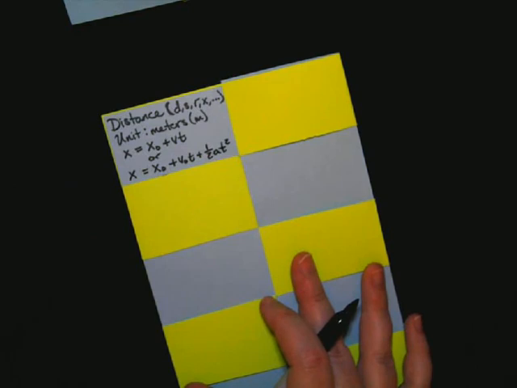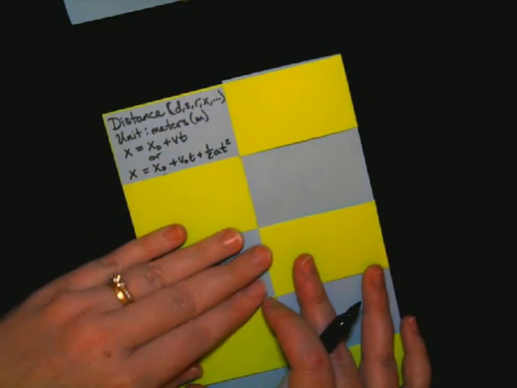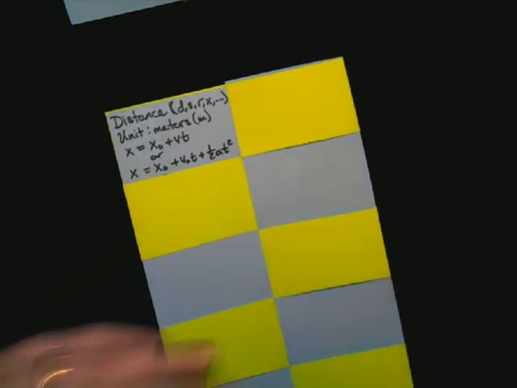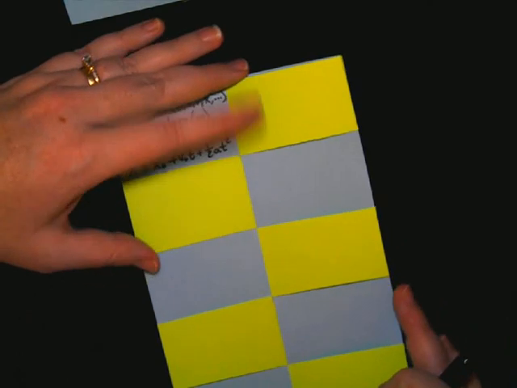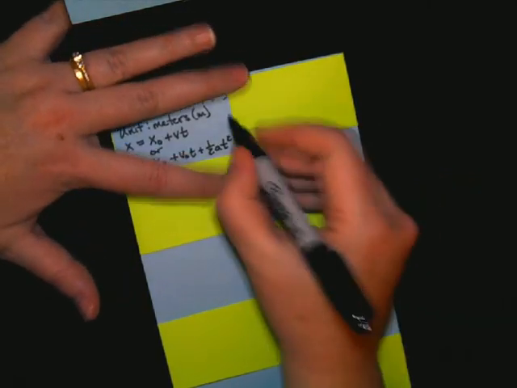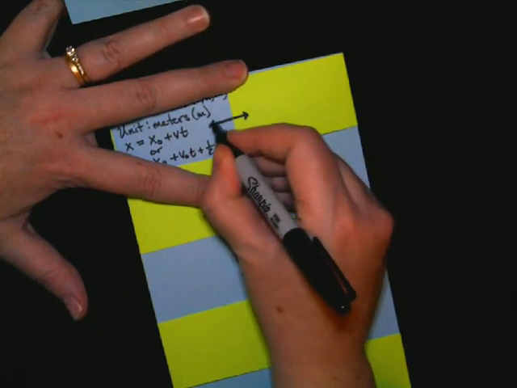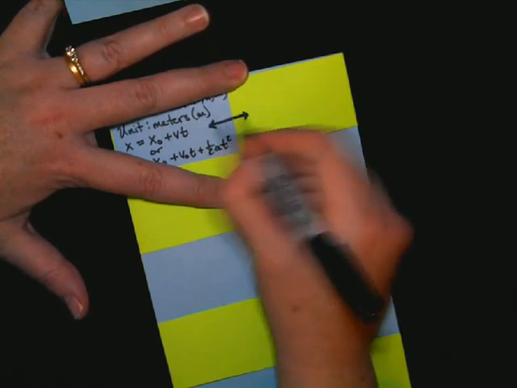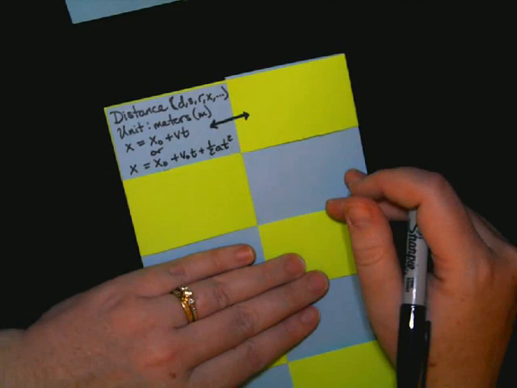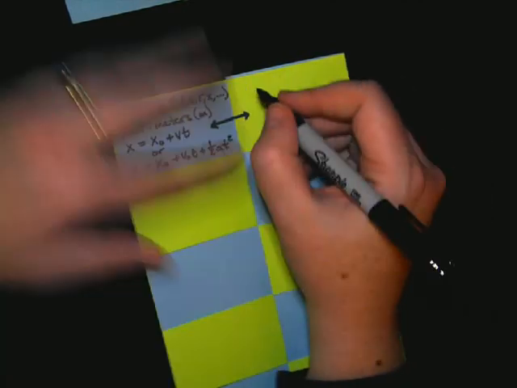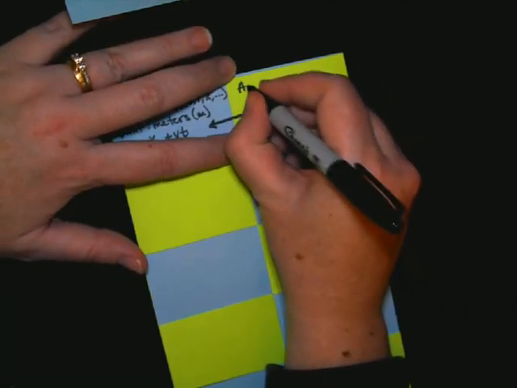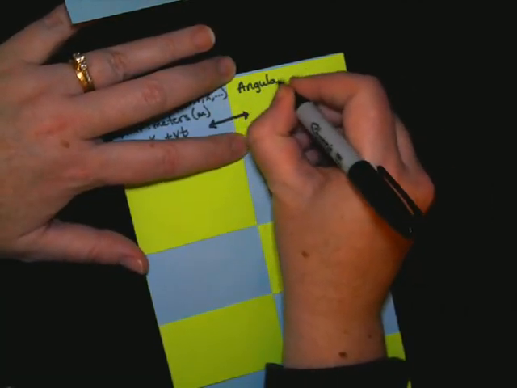Now, when we talk about a circle and we talk about how is it moving, and we think about the distance that it's gone through, we call that a little bit of a different term. But these are going to be what I like to call an analog. So if you know the one, it's going to be really easy to understand the second one. So our new word is angular position.